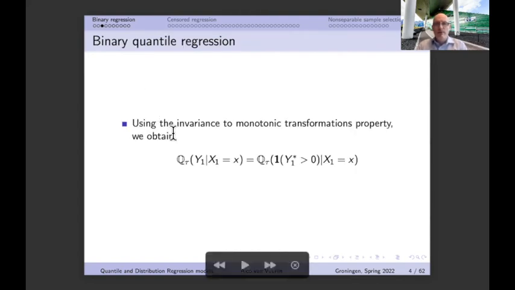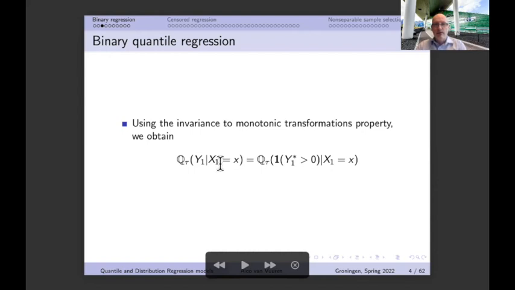Now remember that there was something that had to do with quantiles and so-called monotonic transformations. We already know that in the case of quantiles, at the moment that we have a monotonic transformation, then, unlike what we have with respect to means, we can say that the quantile of a function is the function of the quantile. So we can do that here as well in order to get a relationship between the quantile of y1 and the quantile of y1 star. Let's look at the quantiles of y1, conditional on x1 equal to x. We don't know anything yet about this.